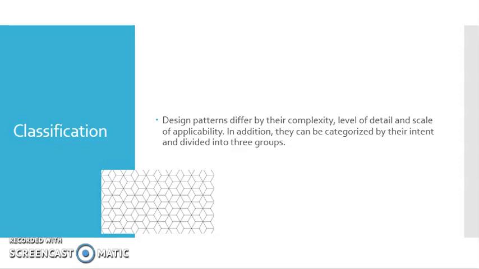So there are different design patterns for these three types of classification of design patterns. We will go through them in the next session and we'll be able to know the classifications of design pattern more deeply.